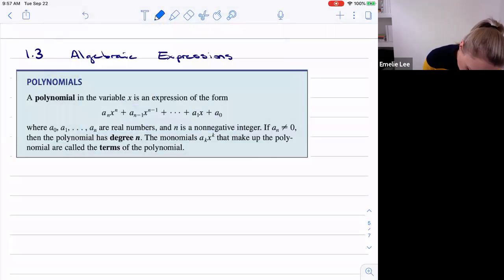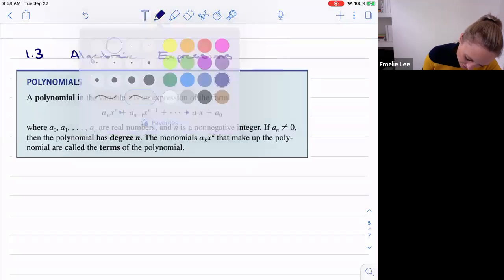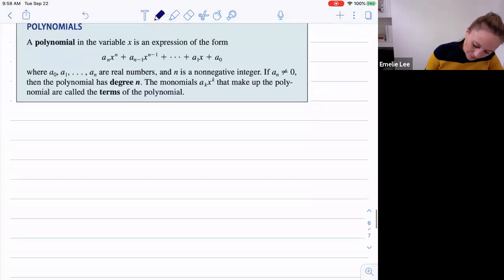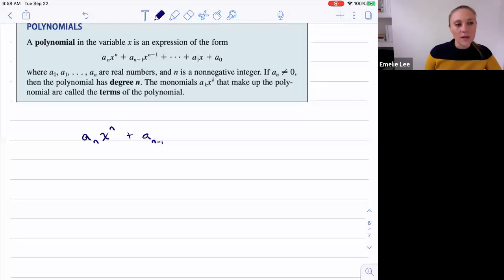So if we have a subscript n, so a_n times x to the n plus a_(n-1) times x to the n minus 1, the n minus 1 subscript is just a little notation that we use to say that it's not necessarily the same as a_n.